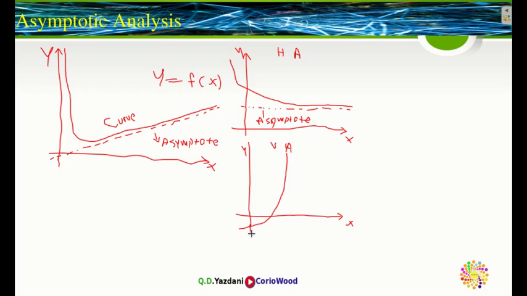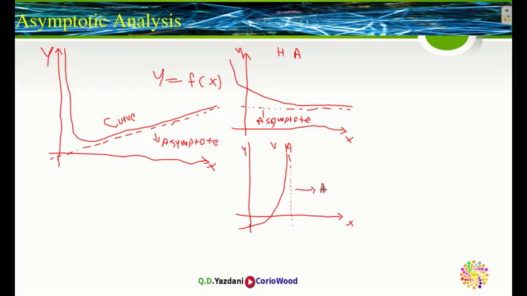The asymptote for the vertical is like this, and that's our asymptote.